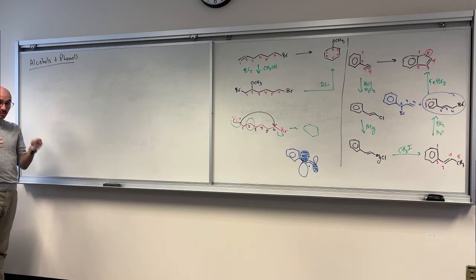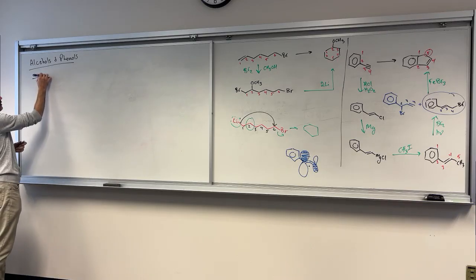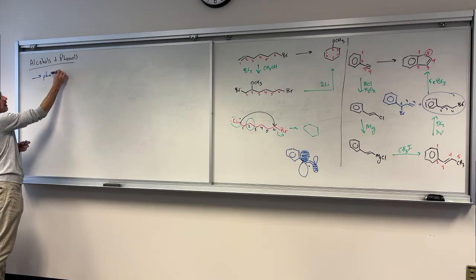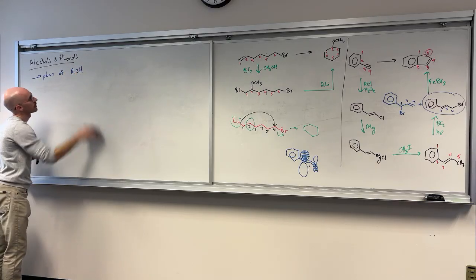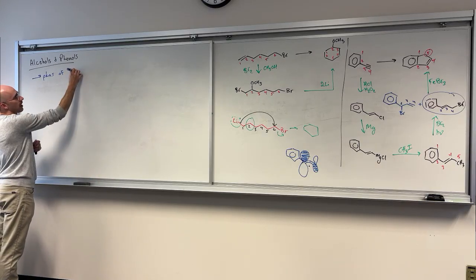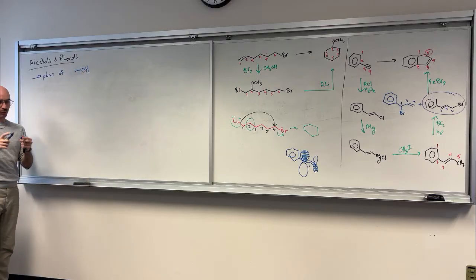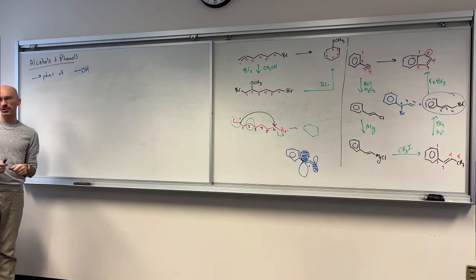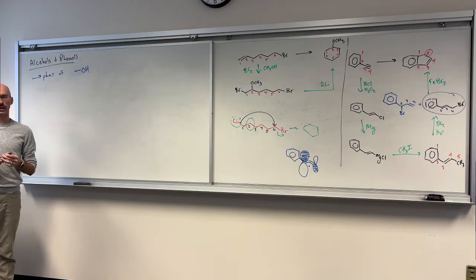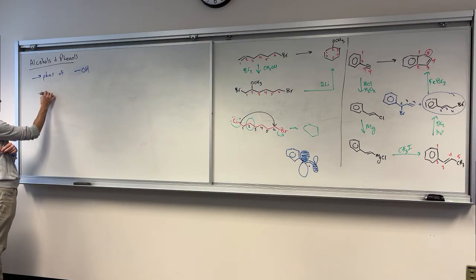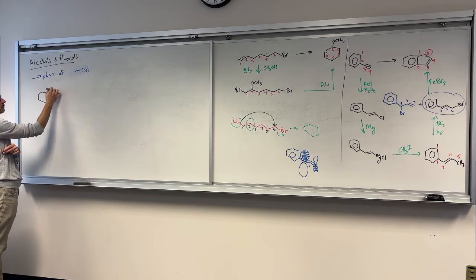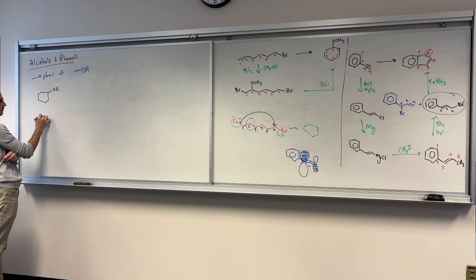One thing I want to explore, again, because we talked about this earlier, is pKa's. I'm actually going to say pKa of OH groups. I'm not going to say ROH because I want to clarify something with you guys. So let's look at this compound, cyclohexanol.